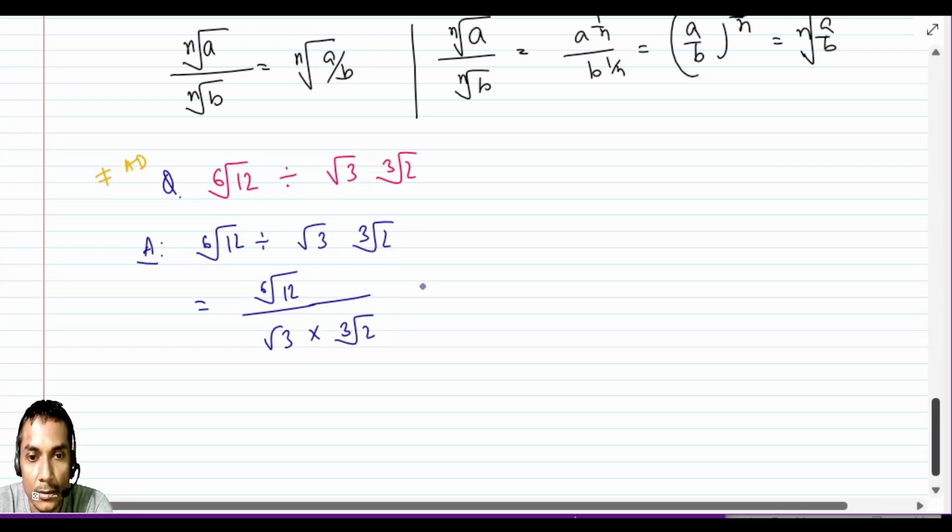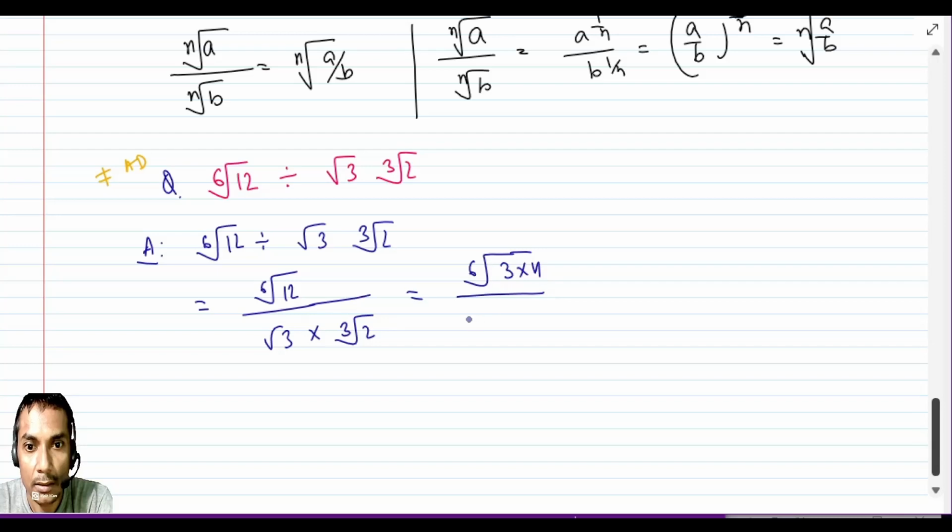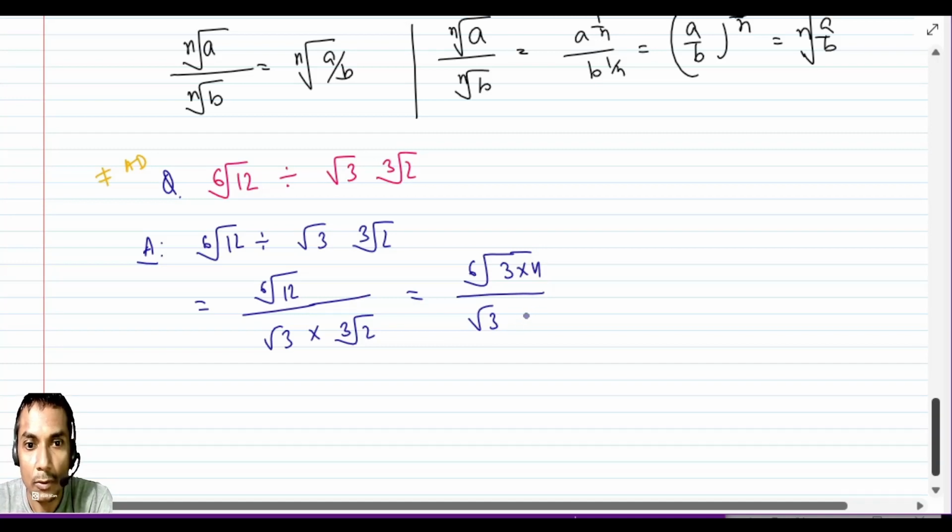Is it clear? Next, this is 6, and you factorize it as 3 into 4. And here you can write root 3 into 3 root 2.